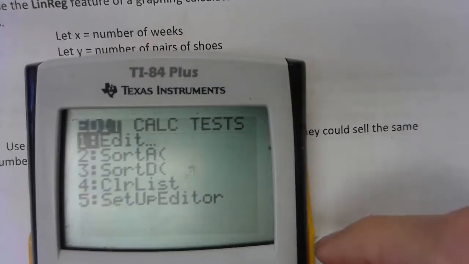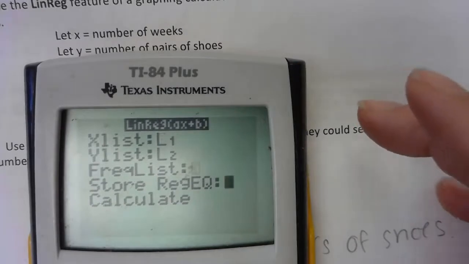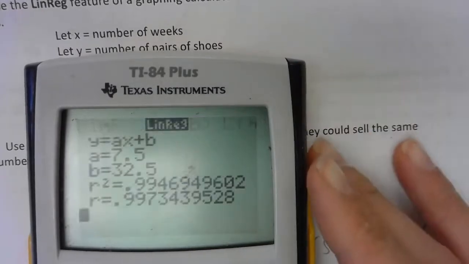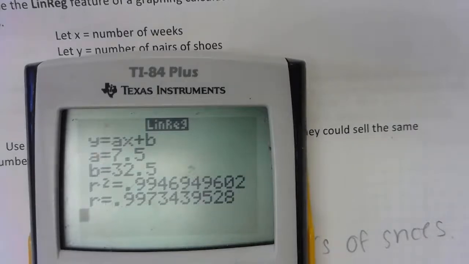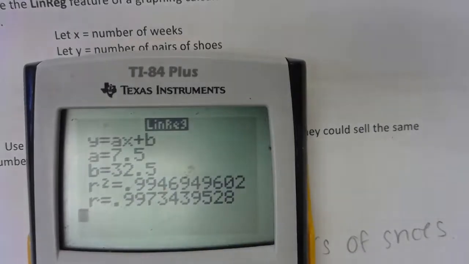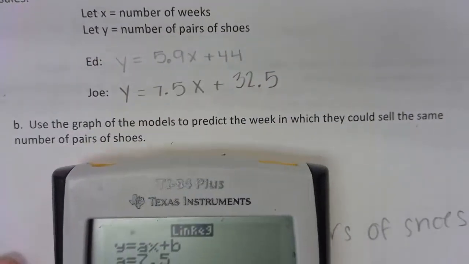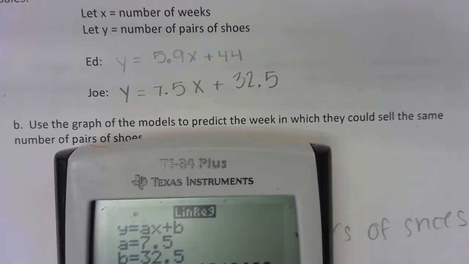Hit Stat, go to Calculate, go to option 4, and we get y equals ax plus b. So my A value is 7.5, and my B value is 32.5. So I write down Joe's equation as y equals 7.5x plus 32.5.